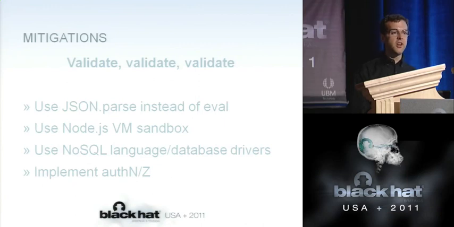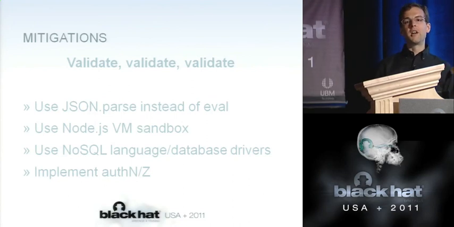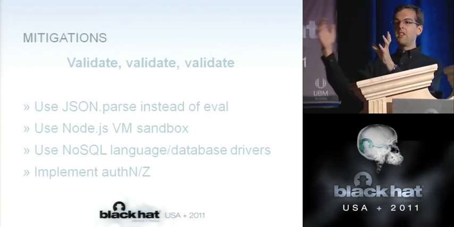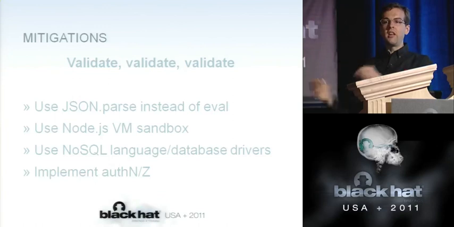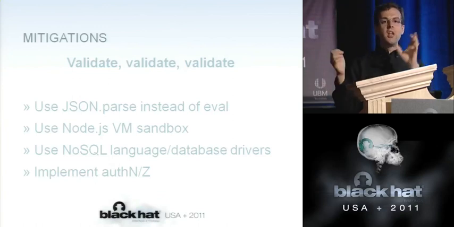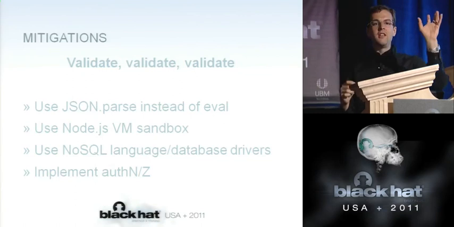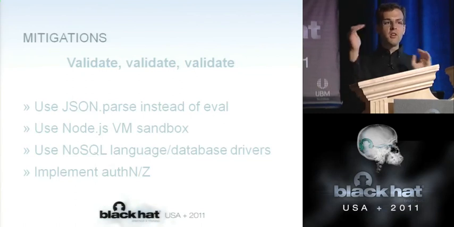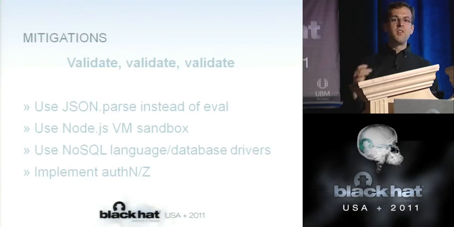Speaking of Node, of all the things that Node can do, it has one called VM. This is actually a sandboxing mechanism. It prevents you from pulling in all the other little modules. I showed that we're going to pull in the FS module and the child process module. If you run your code in this VM sandbox, it prevents you from doing that.